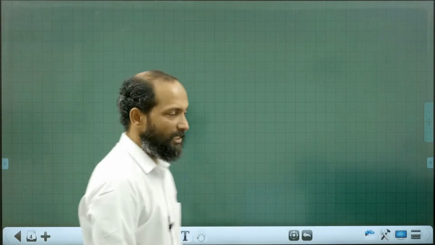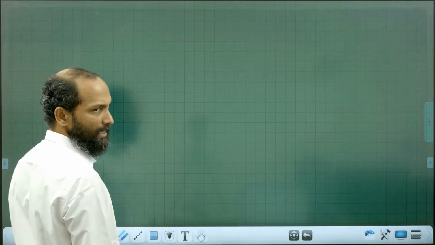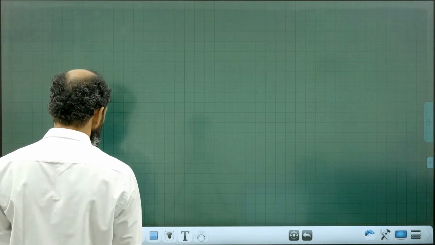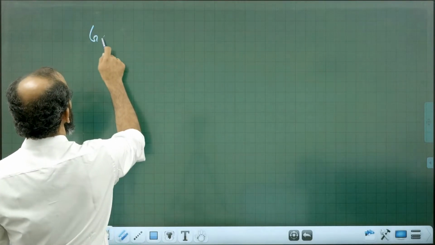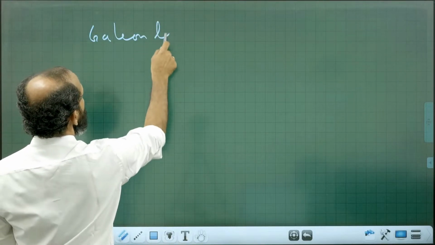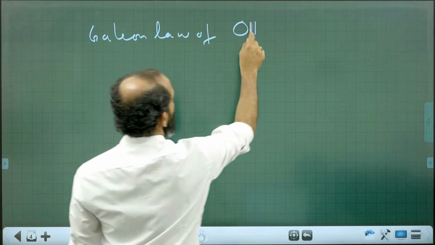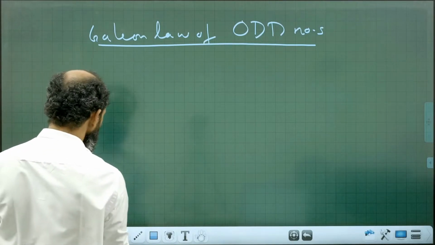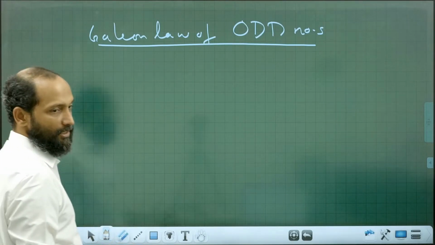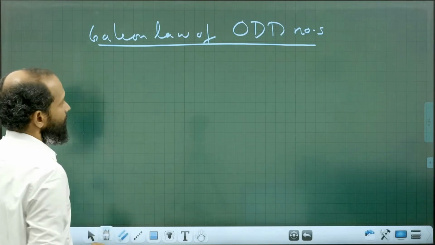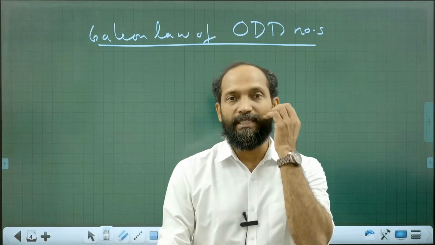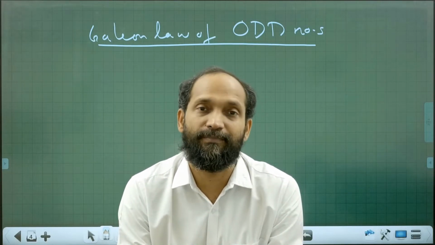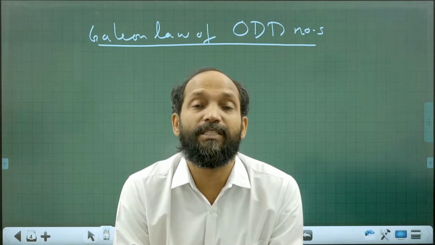Now, motion under gravity. We are going to practice one-dimensional motion, with the kinematic equations we have written. Body starting from rest: Galilean law of odd numbers. Galileo found that for a body starting from rest, the total time interval after which it falls onto the ground can be equally divided into whatever time intervals, bigger or smaller.